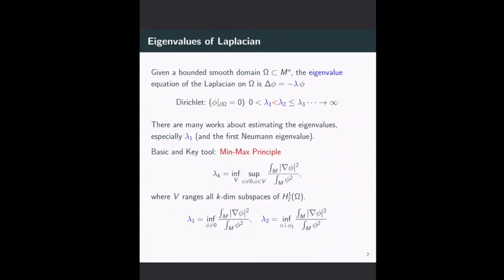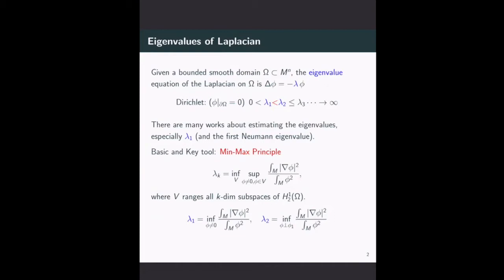There has been much work on the Dirichlet boundary condition, the Neumann boundary condition, and also the Robin mixed condition and Steklov. The basic tool, and as I said, I will stick to the Dirichlet boundary condition for this talk, is the min-max principle, also known as the Rayleigh quotient.